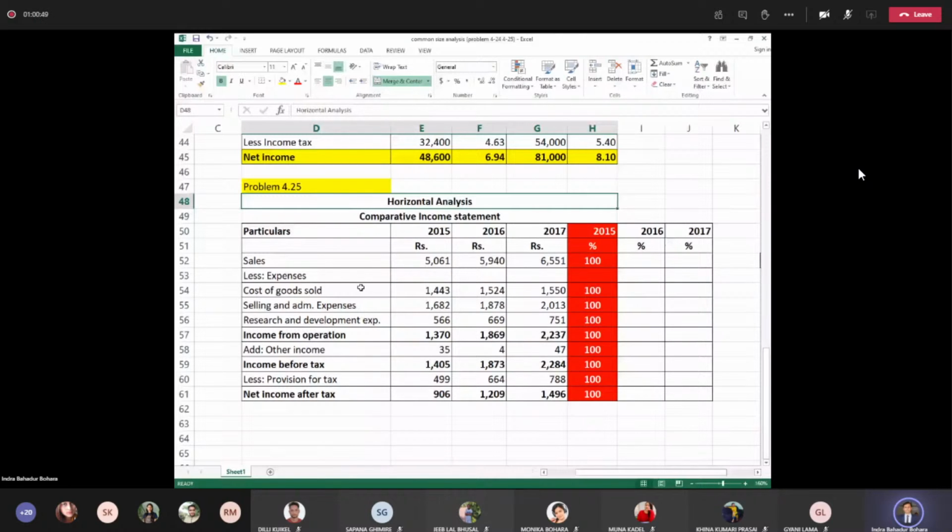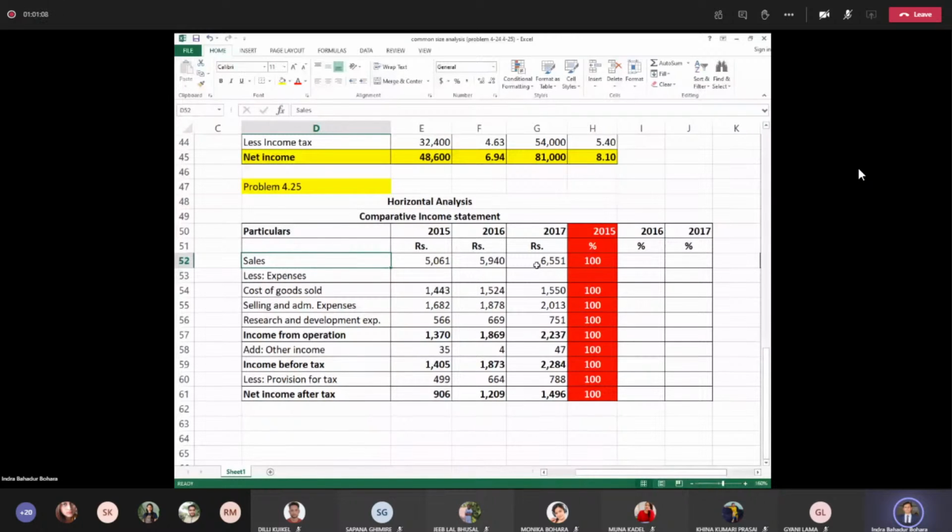Now first you copy the amounts of 15, 16, 17. Then we assume and calculate the trend or percentage values of different components of 15, 16, 17 as per this question.